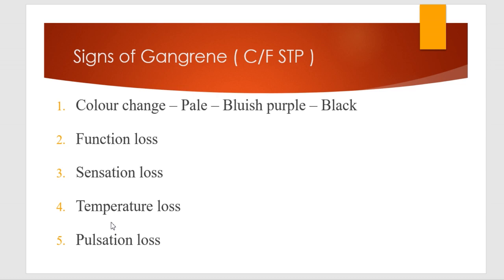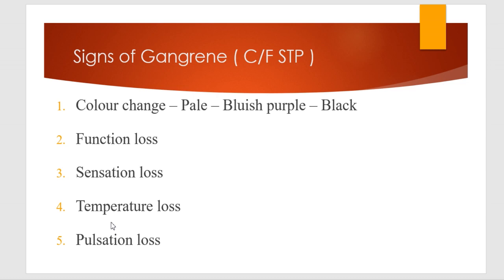Color initially pale, then bluish purple, and finally black. This is the usual scenario in the development of gangrene. So whenever there is color change of the foot or the hand, the fingers, this is the usual pattern: pale, bluish purple, and then black.